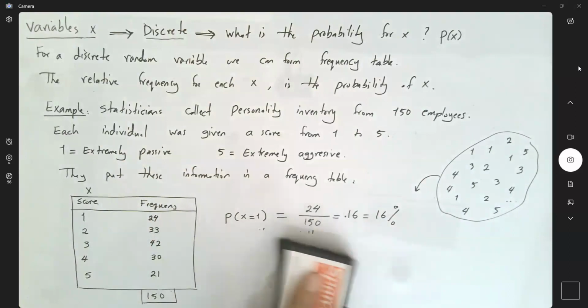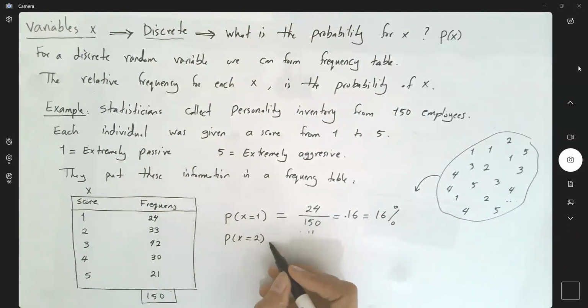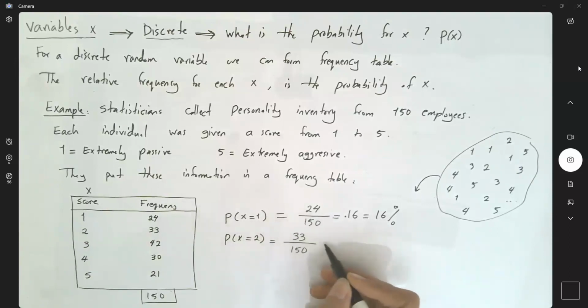The probability that X is equal to 2 means that I randomly select a person and that person's score is 2. It is the frequency of score 2, which is 33, divided by the total, which is 150.